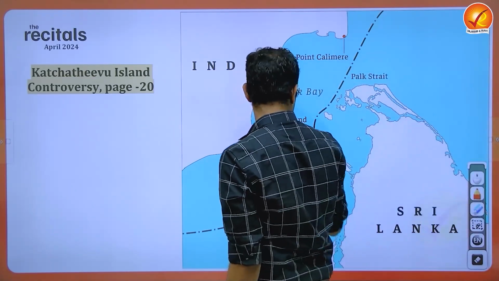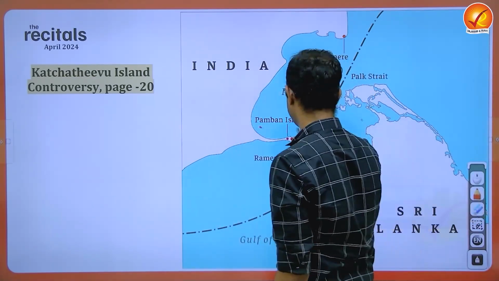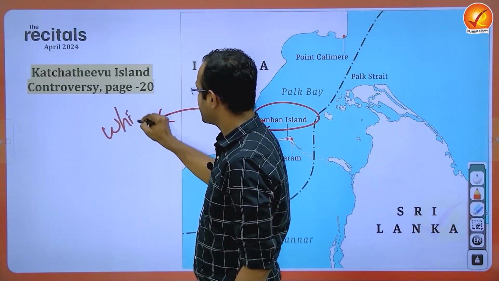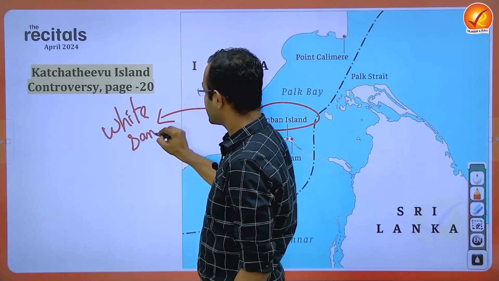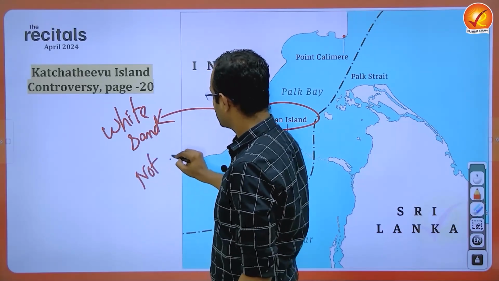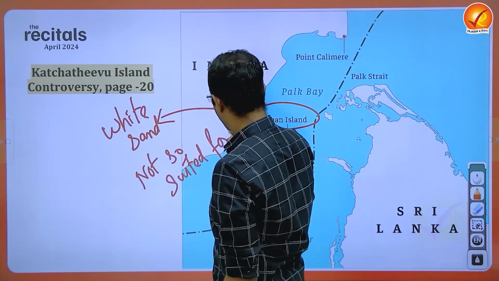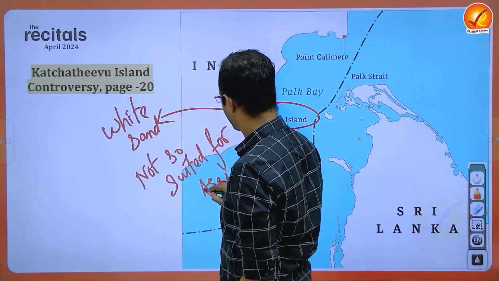Pamban Island is largely made up of white sand materials, so it is not suited for much agriculture.